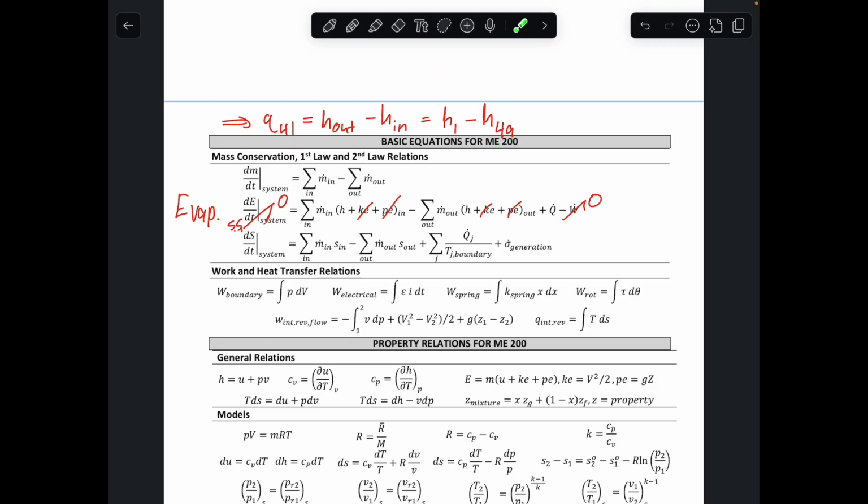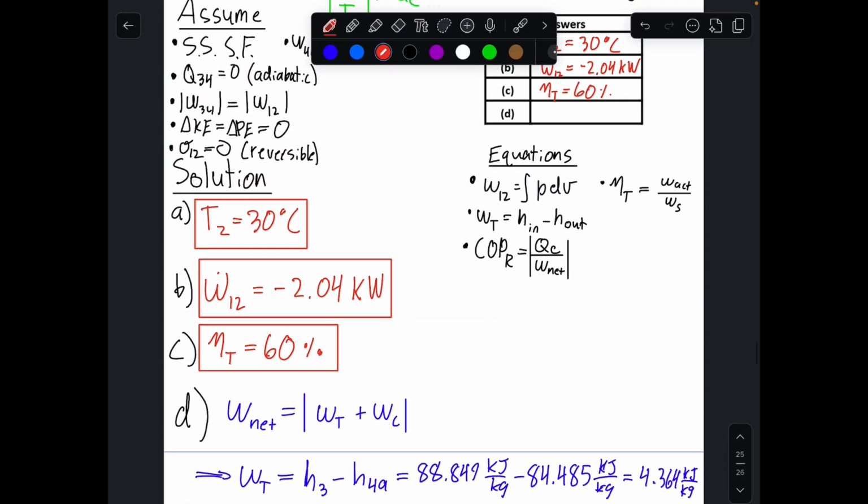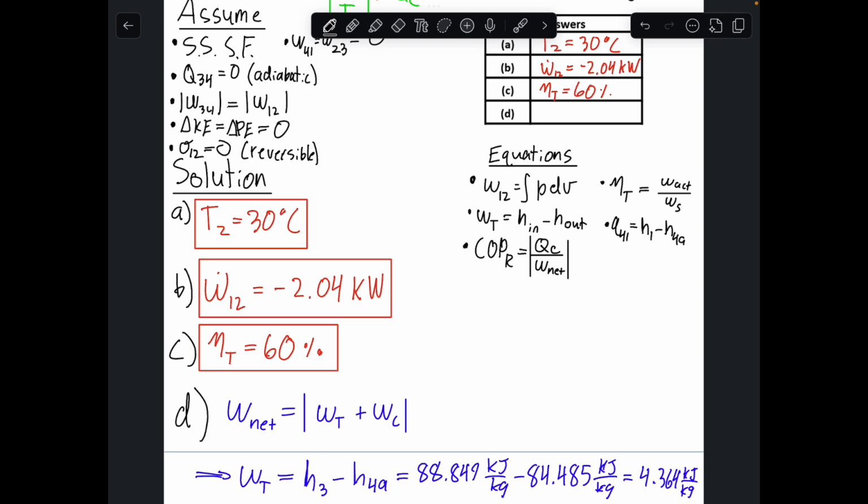And so this is the version that we are going to use. I'll write it in the equations section. Q from 4 to 1 should be equal to H1 minus H4A.